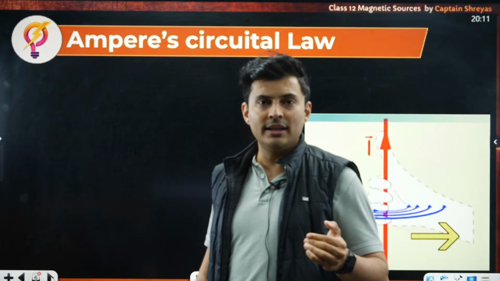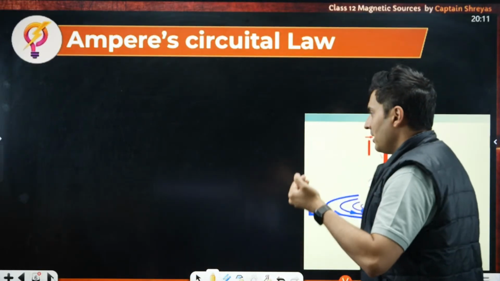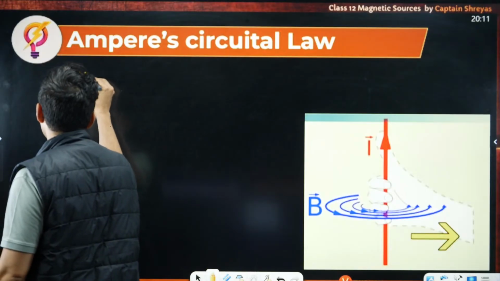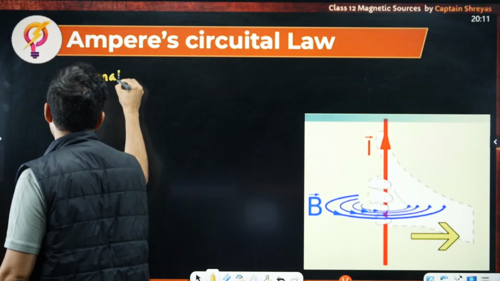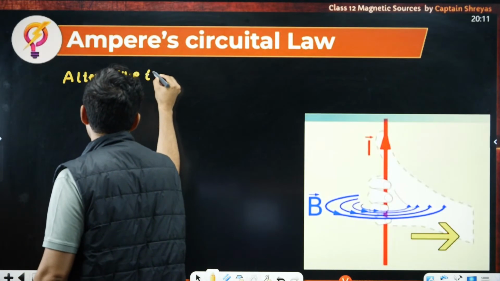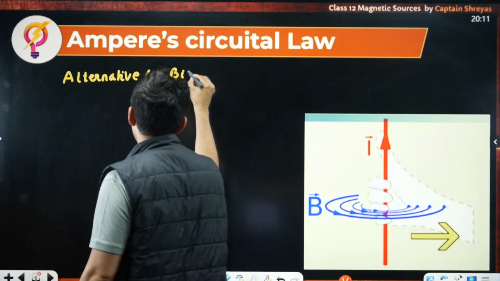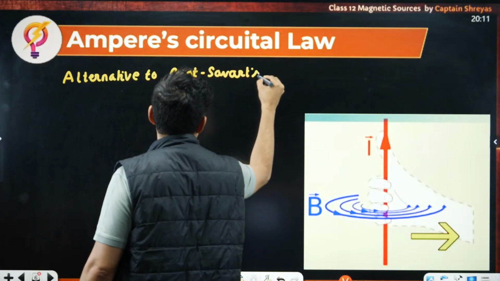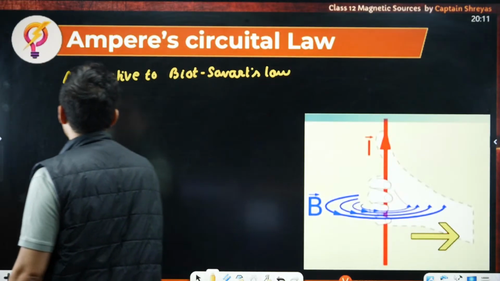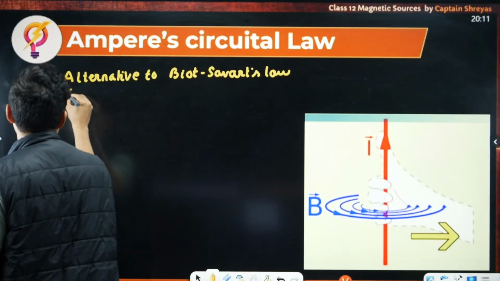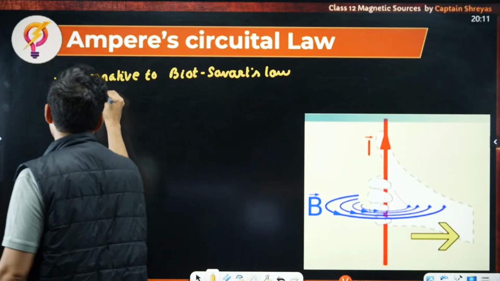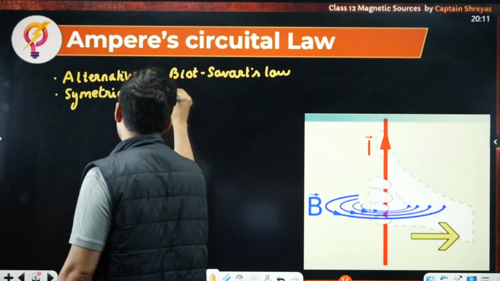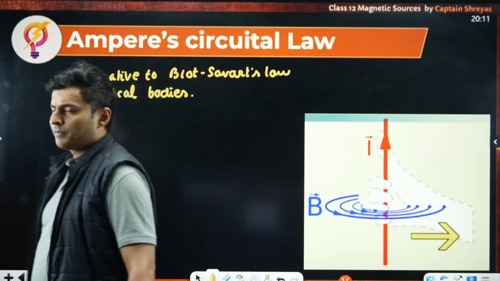So it is an alternative to your Bio-Savart's law, and preferably used for symmetrical bodies. It is preferably used for the symmetrical geometries.